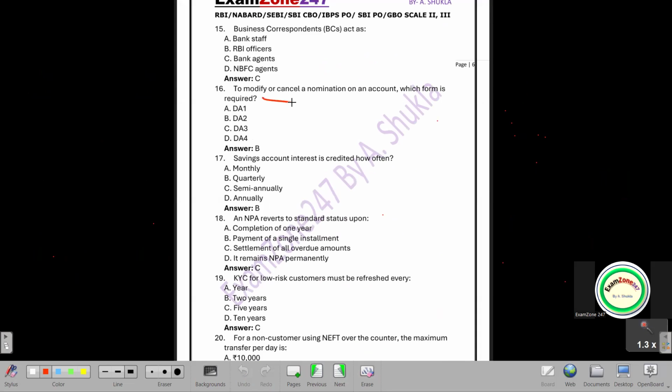Now, to modify or cancel a nomination, which form is used? See, modification is a different thing, cancellation is a different thing.